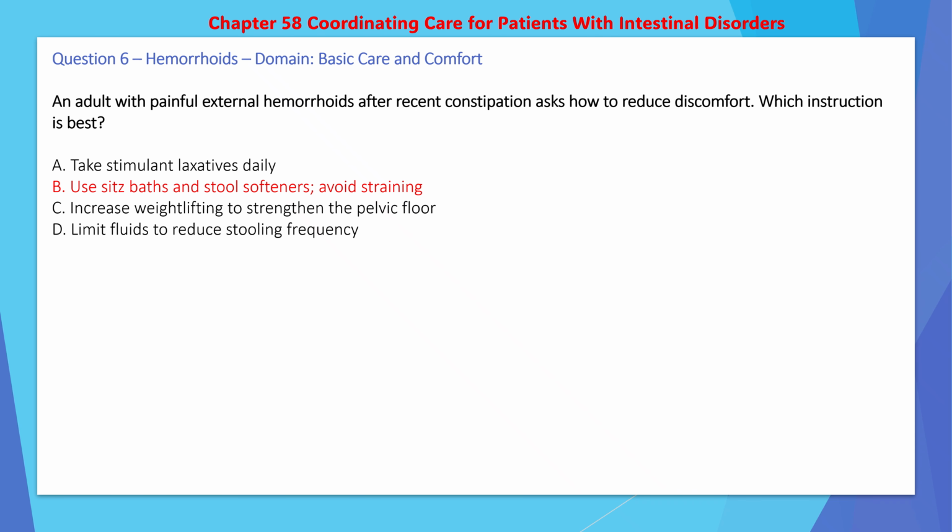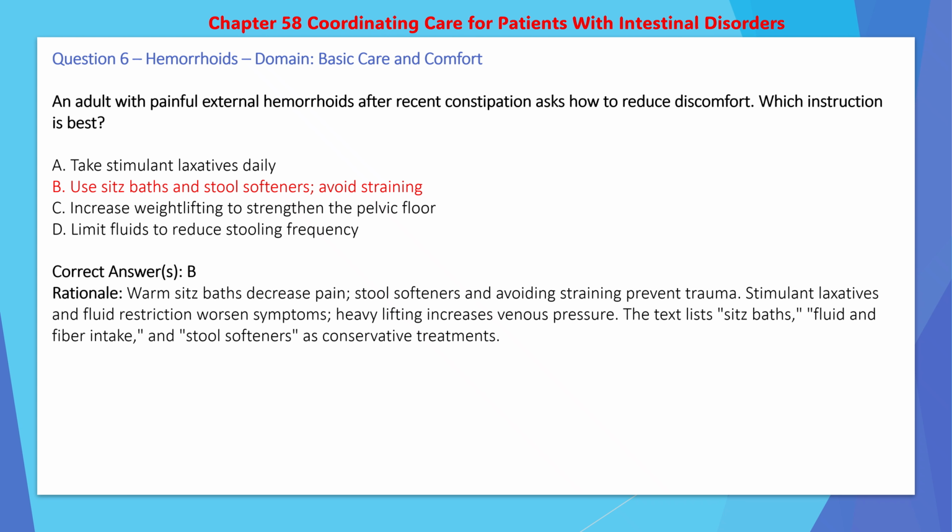Use a sitz bath and stool softeners. Avoid straining, because the warm sitz bath decreases pain. Here it's a warm sitz bath; they can also be cold, but we don't want the cold sitz bath here. We want warm, with a stool softener, and avoiding straining prevents trauma.